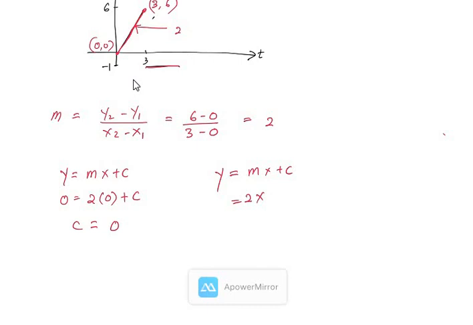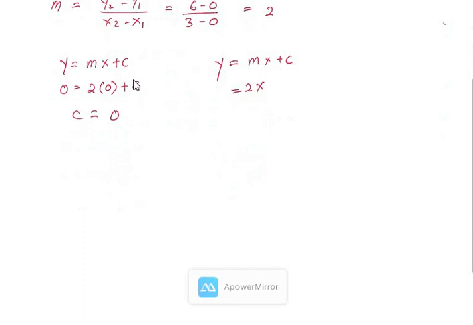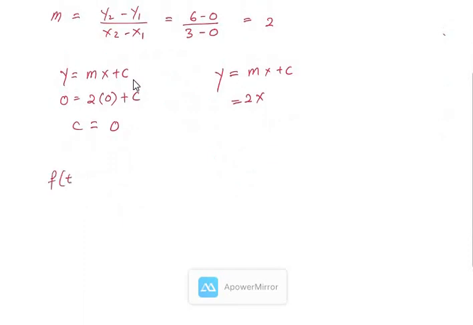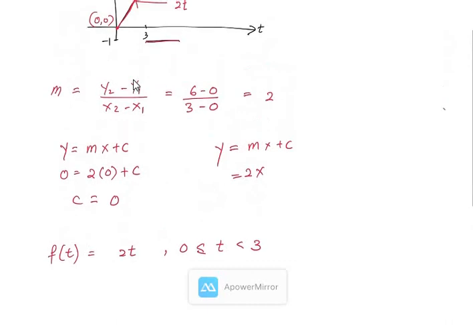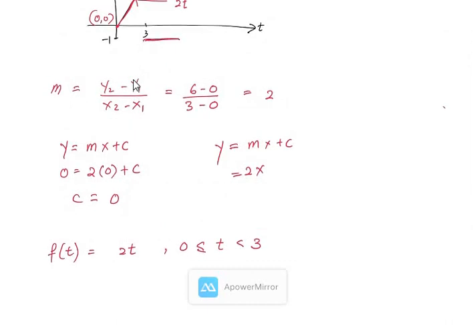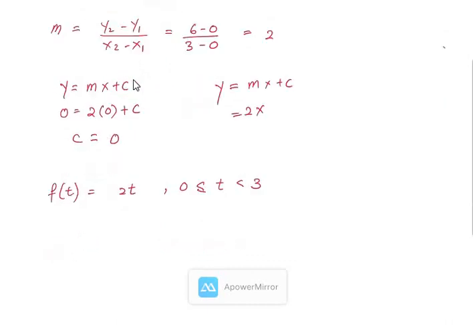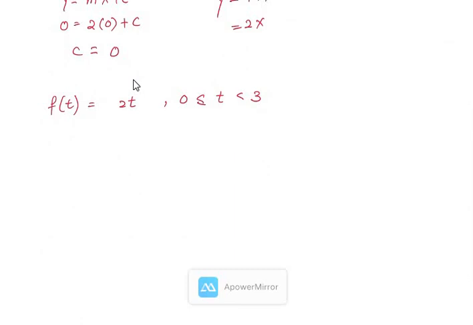So in this question, you use t instead of x, so it's 2t. So that is how I get f(t) equal to 2t, which is from 0 to 3, and then the other one is minus 1, right? This is minus 1 starting from t more than or equal to 3.